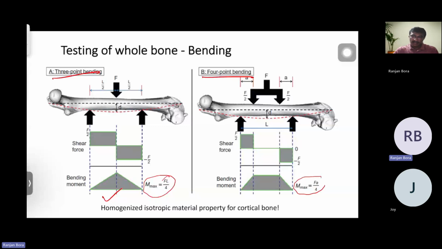What is A? A is the distance between the point at which the load is acting and the nearest point at which the bone is supported. In 3-point bending, L is the distance between the two supports.